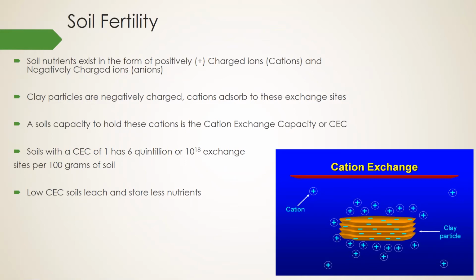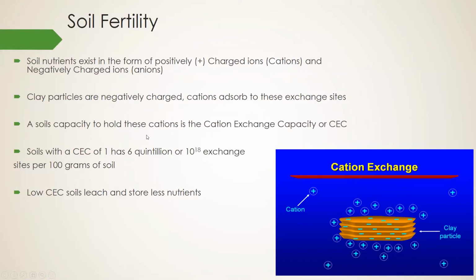But generally what we need to know is that clay particles are negatively charged, as are organic material particles. And so that is where this exchange interface happens. And the cations absorb to the negative sites on clay particles. And we have a diagram here that we can visualize.